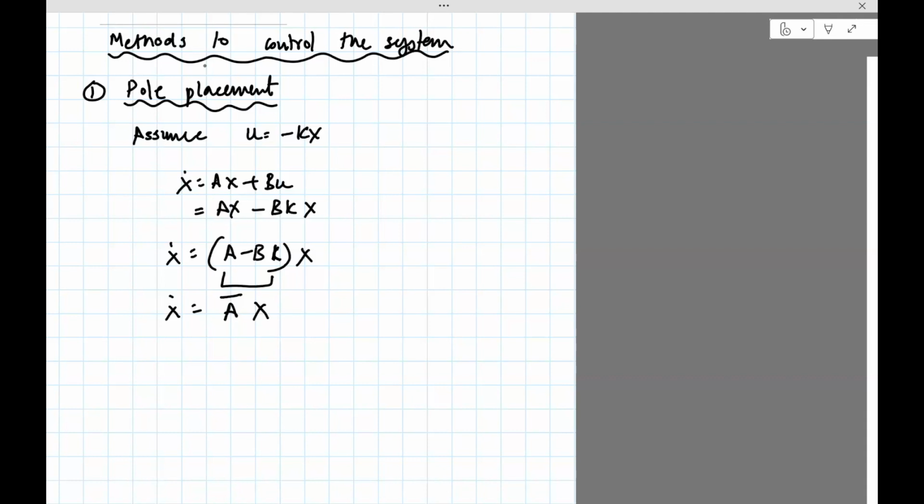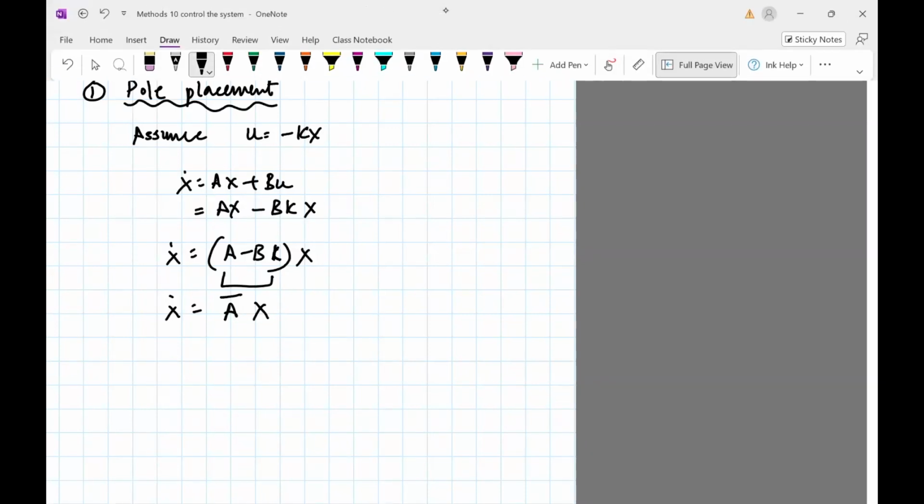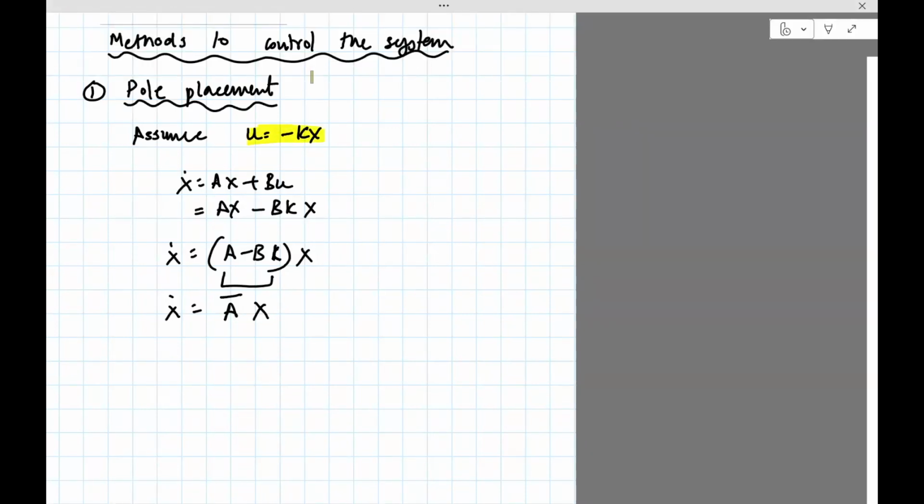So now we have a system which looks very much like an uncontrolled system, right? Except that it's actually controlled because K is something which you choose. You can do whatever you want with u. So this K is user chosen. So A bar is something which you can set to whatever you want by tuning K, because K is in your hands.